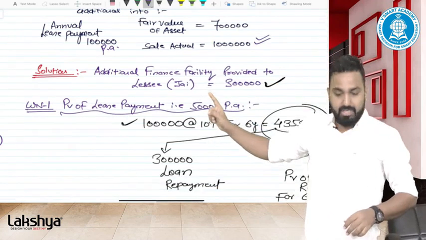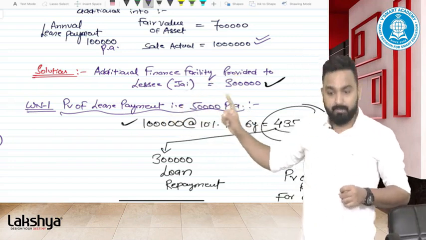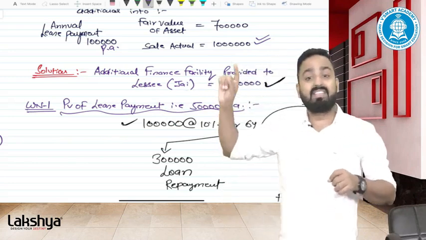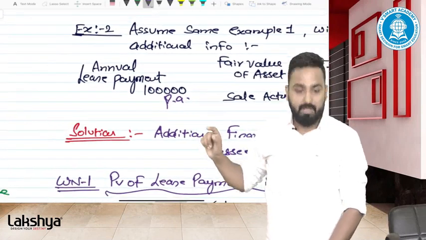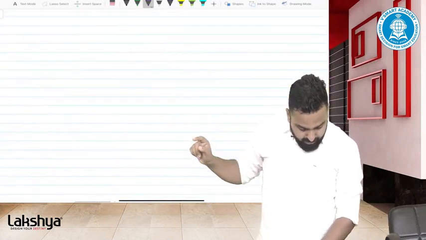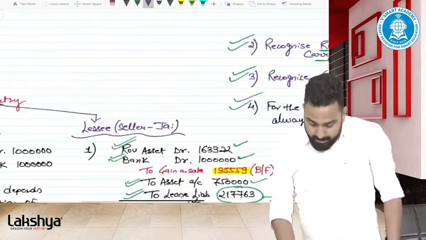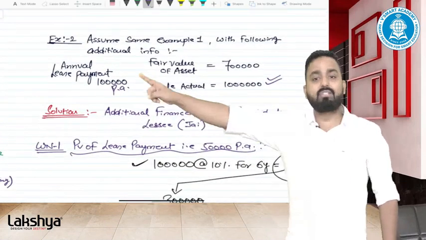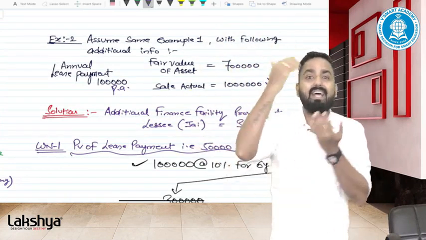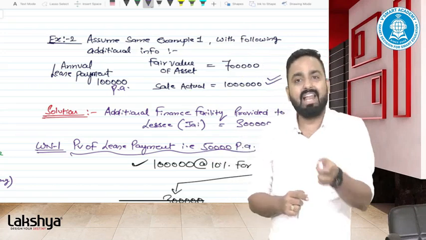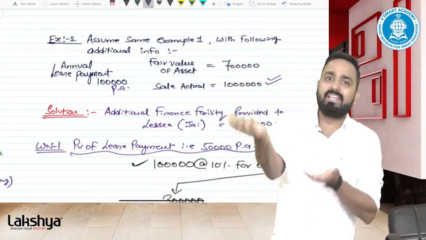Now see the solution. Additional financing facility provided to the lessee, that means 3 lakh rupees. And this is the reason why the annual lease payment has changed to 1 lakh. Because in the previous example, our annual lease payment was 50,000. But here, the annual lease payment is 1 lakh. Why? Try to understand. The buyer has given me 10 lakh rupees, 7 lakh towards the asset, and the same asset has been taken by me on lease.